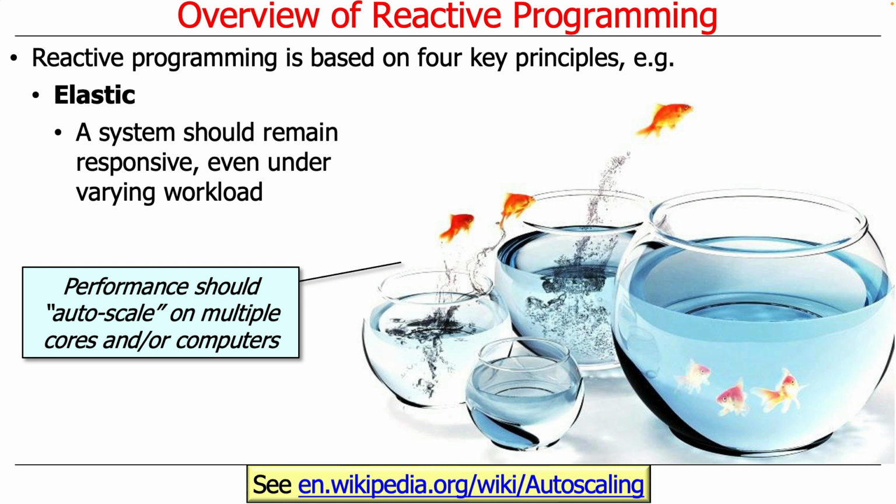And the phrase for that you may be familiar with is called auto-scaling. So you want to be able to auto-scale your systems to run in larger environments, and then once the peak burst has gone away, be able to scale back down, perhaps costing less, using less cores.